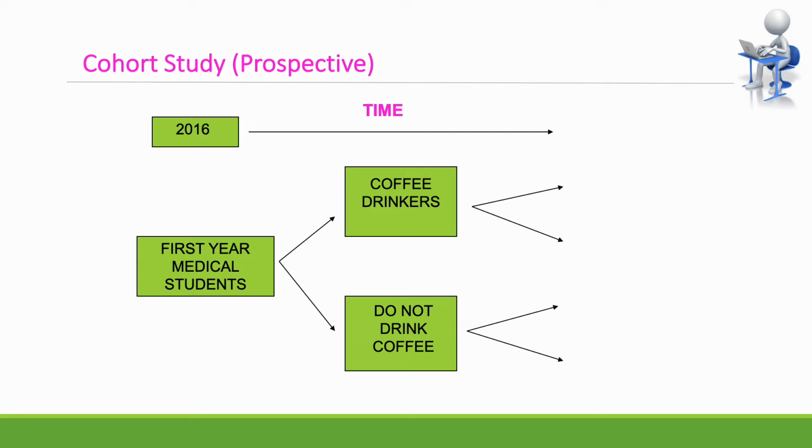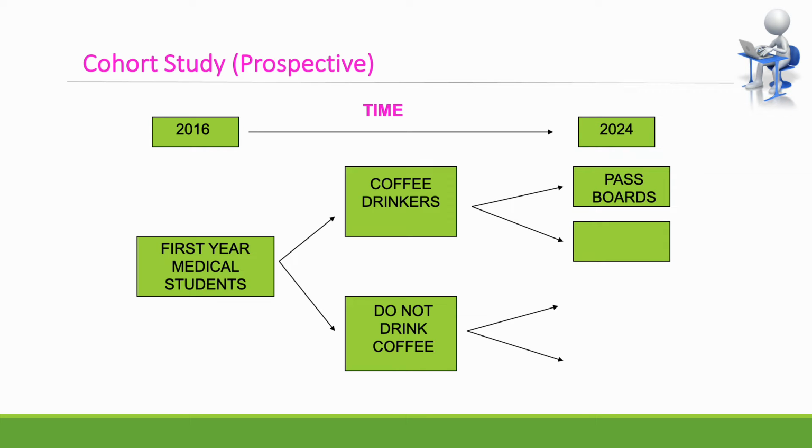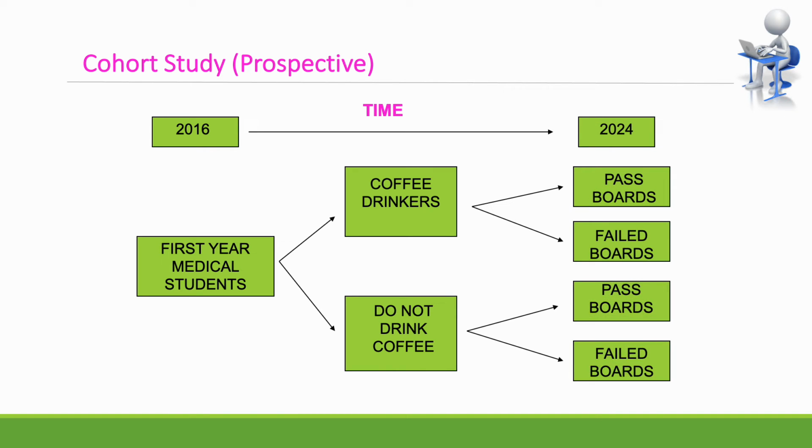So for this example, we have coffee drinkers, coffee being the exposure, and non-coffee drinkers, those without coffee. And they are followed over time for the outcomes. So the outcomes here is pass the boards or fail the boards among coffee drinkers and those non-coffee drinkers.